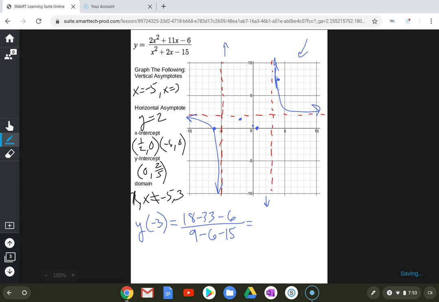All right, so 18 minus 39, well, 18 minus 38 would be -20, so we're at -21. 9 minus 6 is 3, minus 15 is -12. Okay, this reduces to positive, but we're still below that axis. Darn it. Let's see. 21/12, so divide by 3, 7/4. Yeah, we're still below.